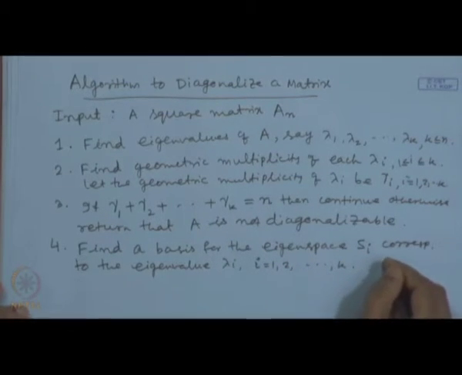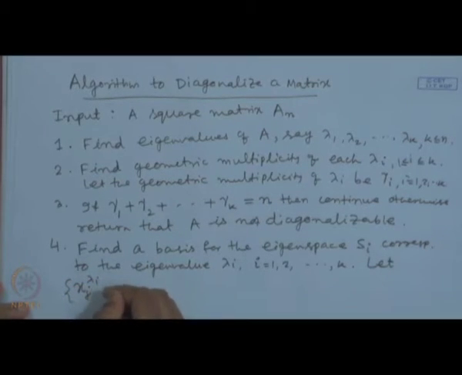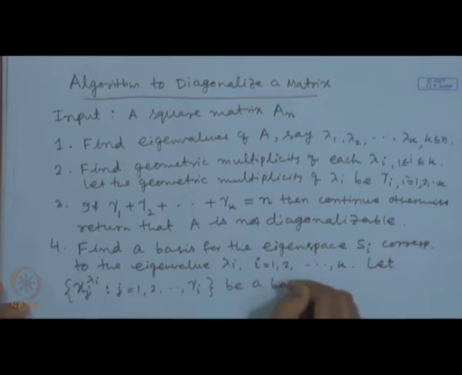Let x j lambda i, for j equal to 1, 2 up to gamma i, be a basis for Si.